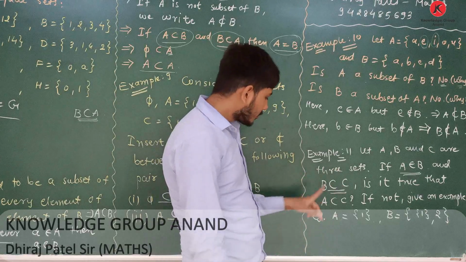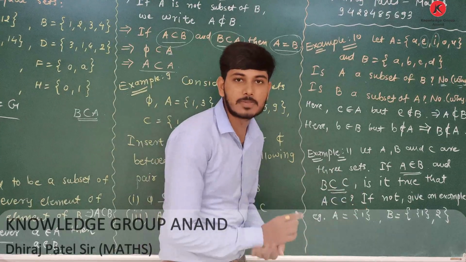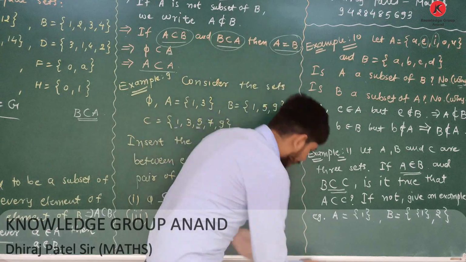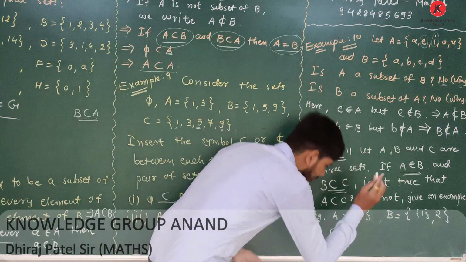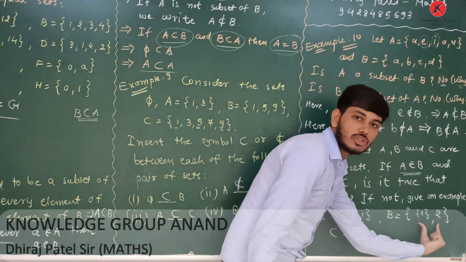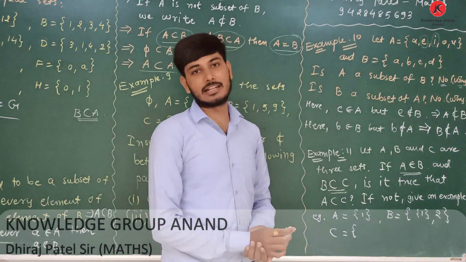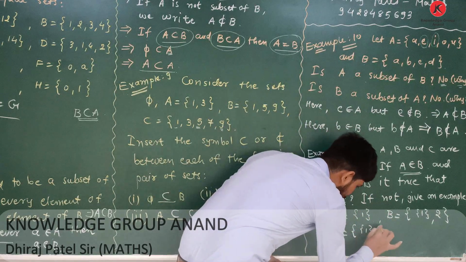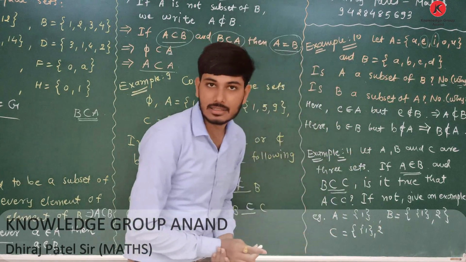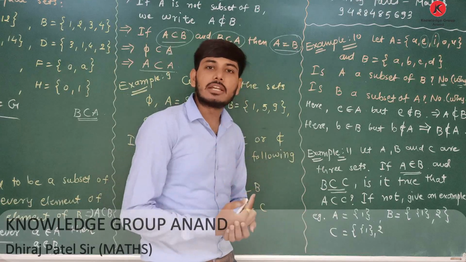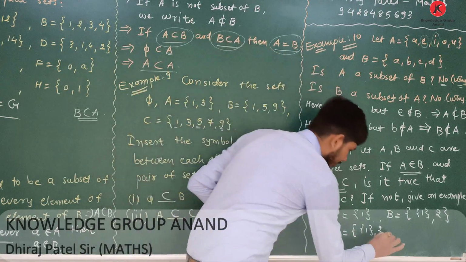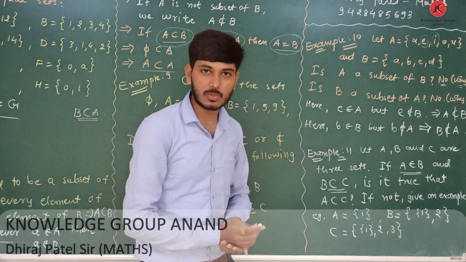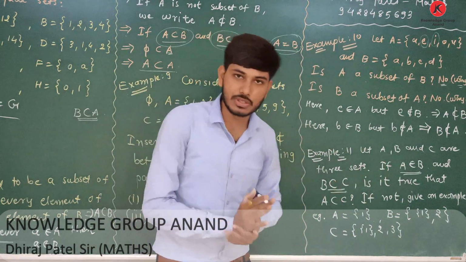Now the second one, B is a subset of C. So we have to take the set C such that all the elements of B are in set C. Therefore, these two elements must be there in set C. And now I am taking one more element here, because for calculation we have to check all the possibilities.